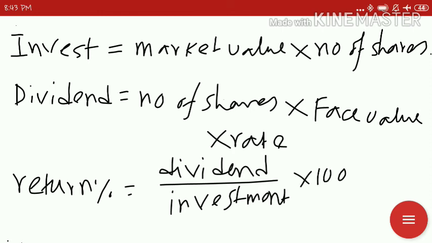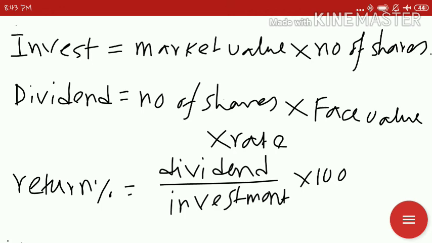These are the three important formulas for this chapter: investment equals market value into number of shares, dividend equals number of shares into face value into rate, and return percentage equals dividend by investment into 100. By using these three formulas, you can find any of the data asked in the question paper.